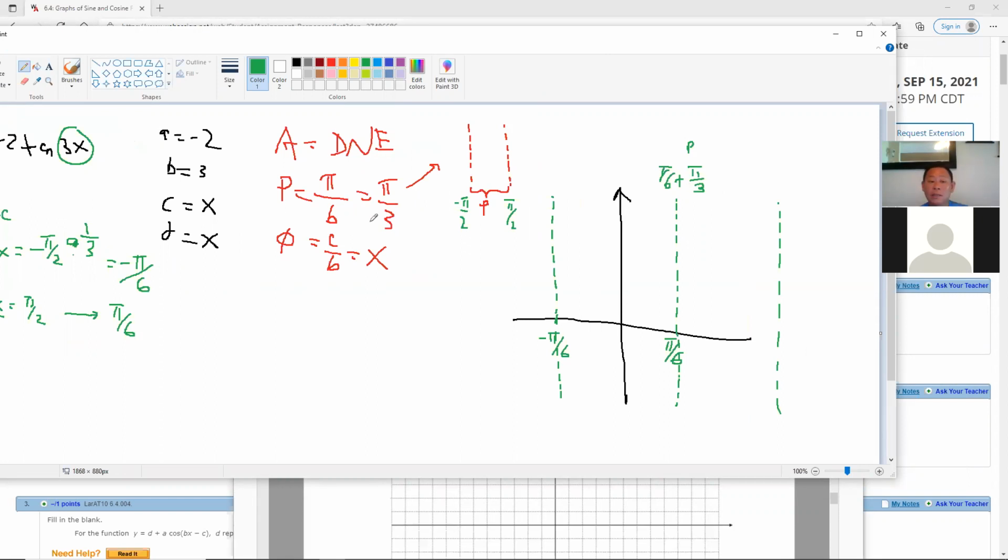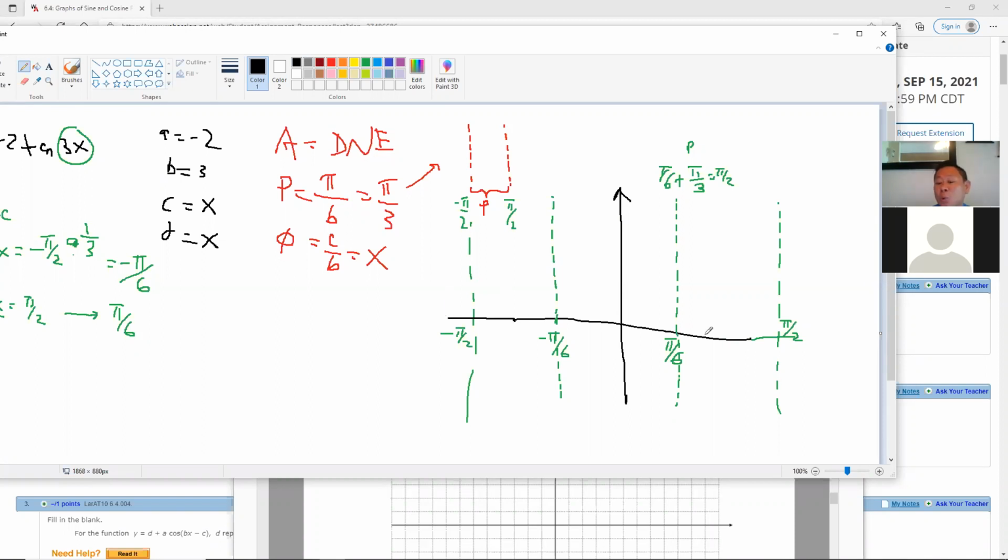If you add this value with the period pi over 3, you will figure out the next vertical asymptote. So this is going to be pi over 2, and then this one will be negative pi over 2. This is how you figure out your vertical asymptotes.